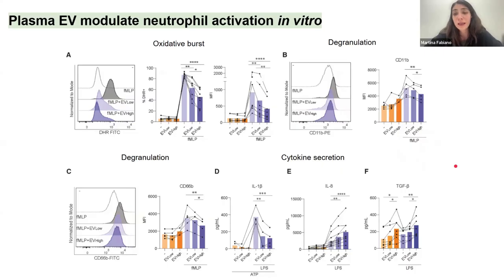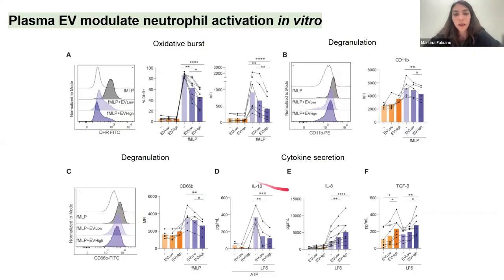So we analyzed the surface expression of these two markers on neutrophils treated with FMLP or without FMLP, and in presence or absence of extracellular vesicles. And as you can see here in the violet bars, both in CD11b and CD66b, EV treatment reduced the expression of both markers in the neutrophil membrane, suggesting that not only less reactive oxygen species were produced, but also that fewer granules were fusing with the plasma membrane.